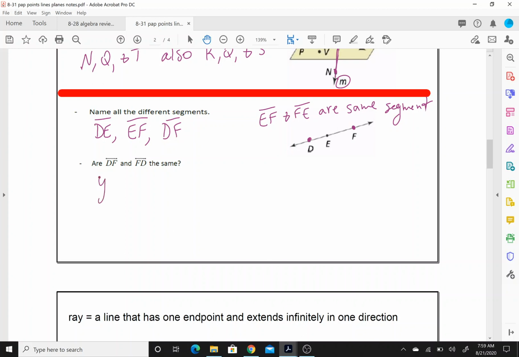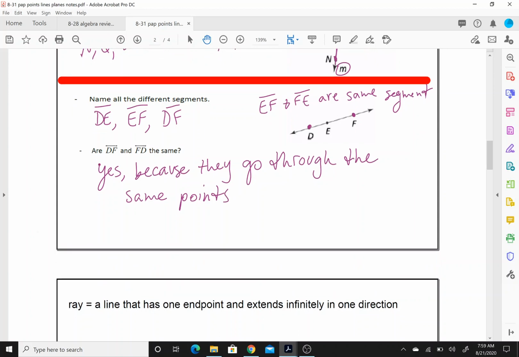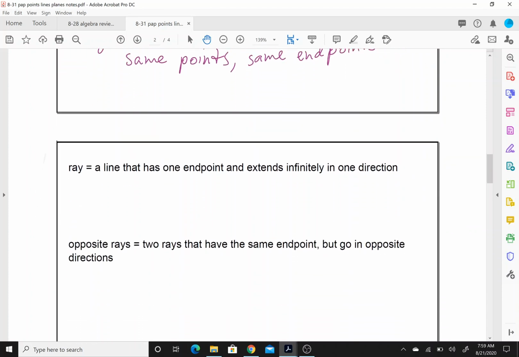So yes, because they go through the same points, and they have the same endpoints. Because the segment ends at D and F both times.